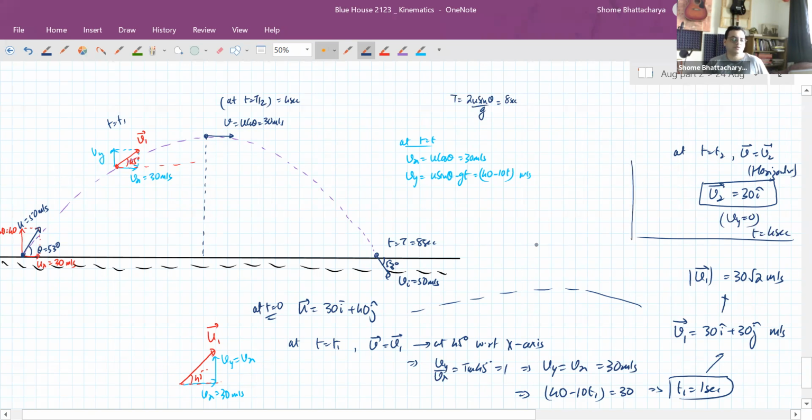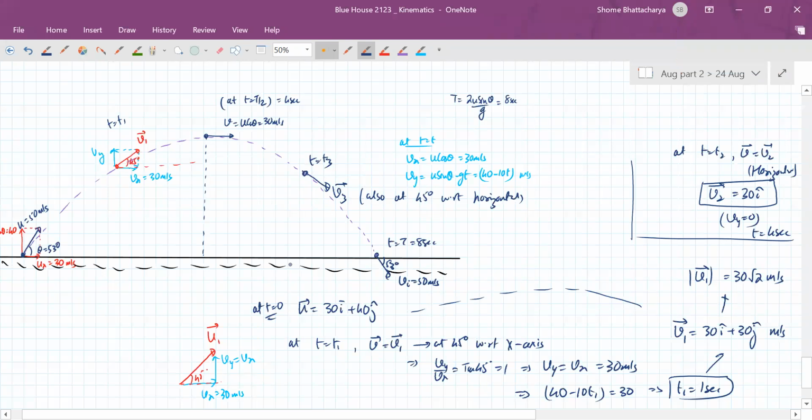Now similarly, at some point of time here, t3, let's say, the velocity is v3. Now v3 is also at 45 degrees with respect to horizontal. So just like I've done for v1, use a similar method for v3.